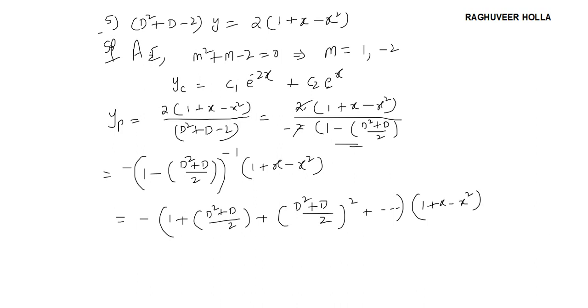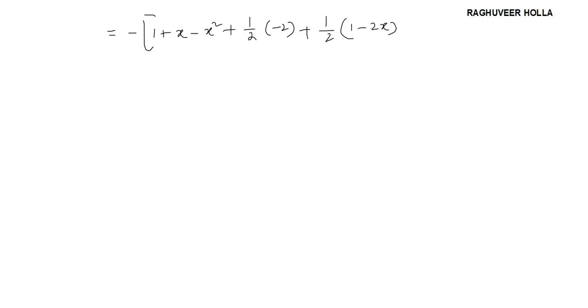Okay, so let us multiply this with respect to this whole term. Fine, let us continue. As I mentioned, minus outside, so the first term would be 1 plus x minus x square, plus 1 by 2 times minus 2, plus 1 by 2 times 1 minus 2x.